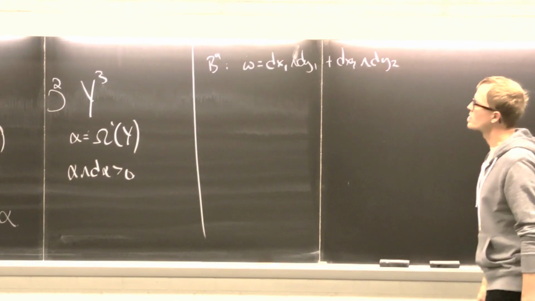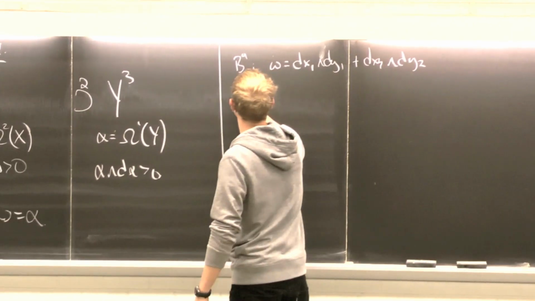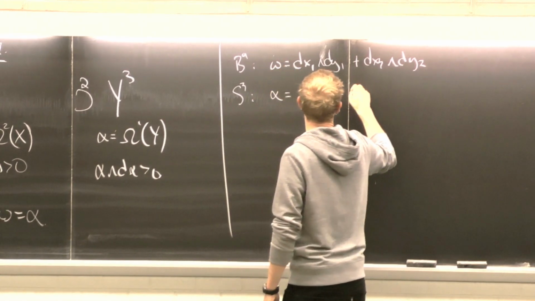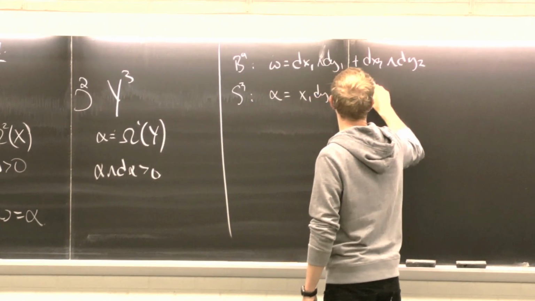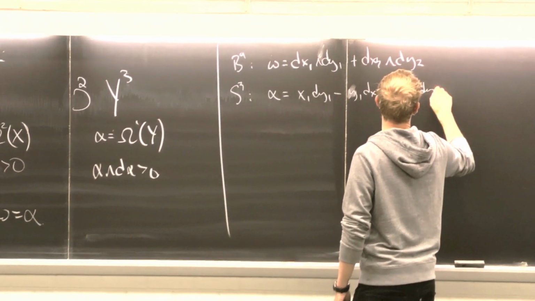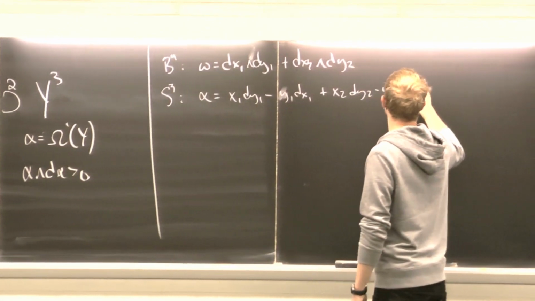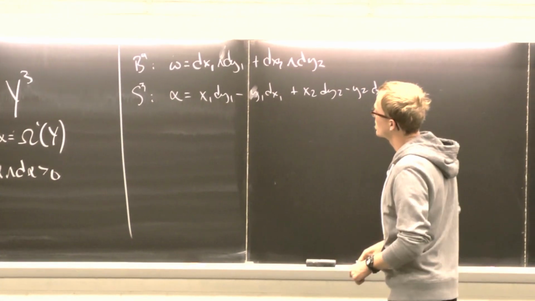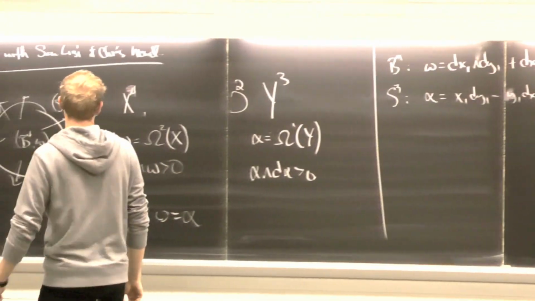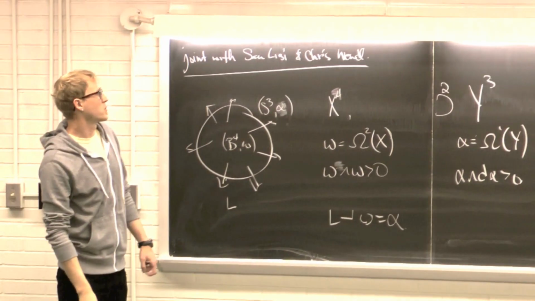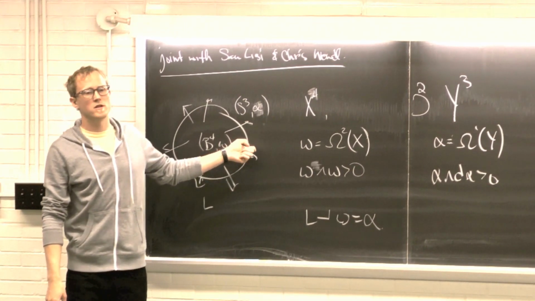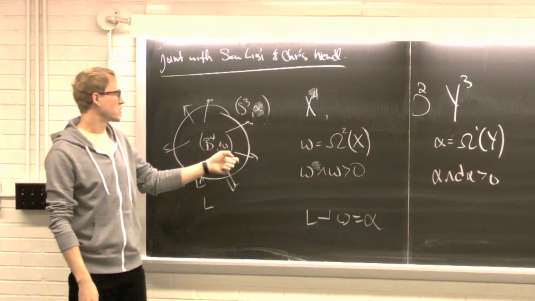And if we take the radial vector field, then on S3 we can take alpha to be x1 dy1 minus y1 dx1 plus x2 dy2 minus y2 dx2. If we restrict to the unit sphere, we get an actual contact form on S3. And if you want, you can pick one direction and get the contact form we're used to seeing on R3, up to some scale.